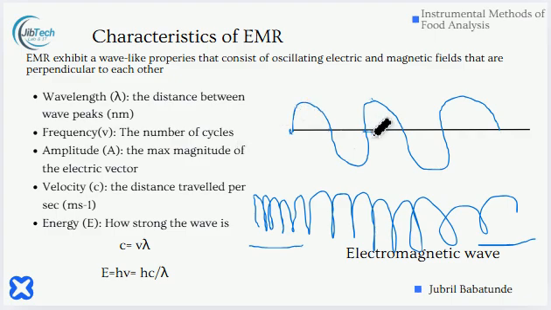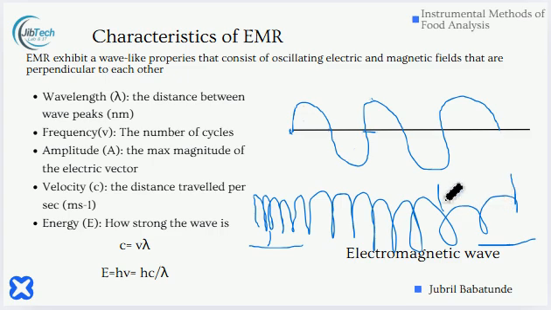From here to here is one cycle. These are half cycles. So the distance from here to here is one cycle.